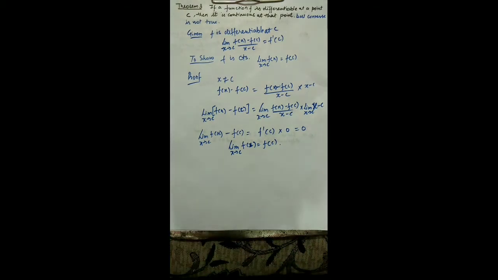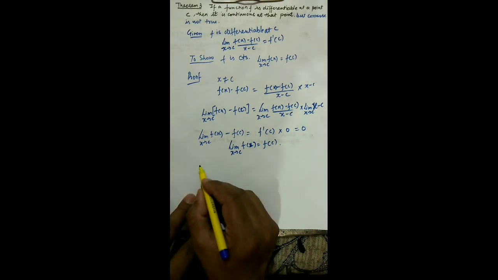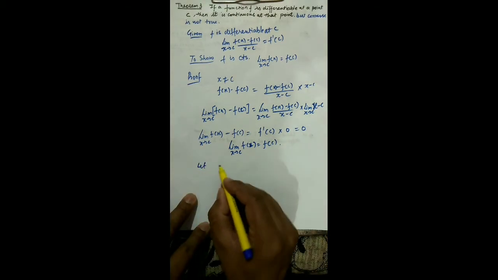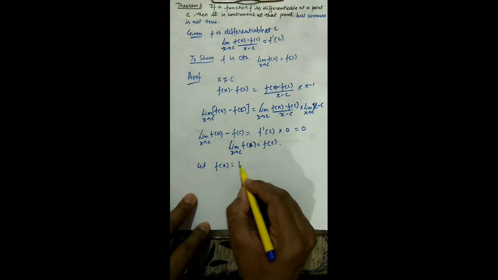Now next, the converse. If f is differentiable, then it has to be continuous at that point. But if it is continuous, it is not necessary that it will be differentiable. So for example, let f(x) equal to mod x.